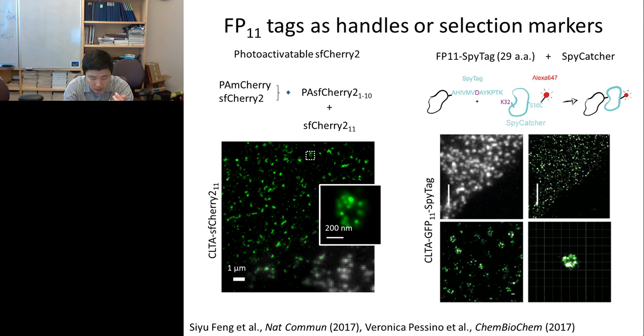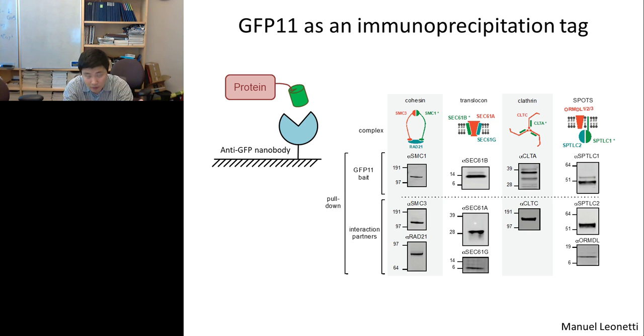Now, with the development of so many nice nanobodies against GFP, once we have a GFP11 knock-in library, we actually have a dual function library. GFP11 complement serves as an imaging tag, as well as an epitope tag for immunoprecipitation. In this case, we can do pull down on endogenous proteins.